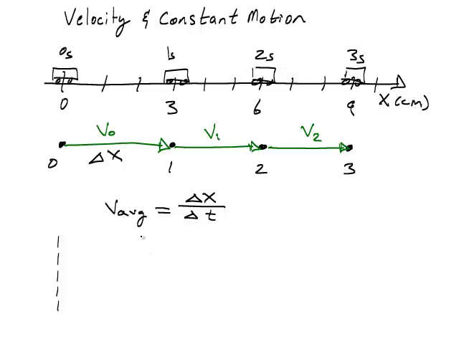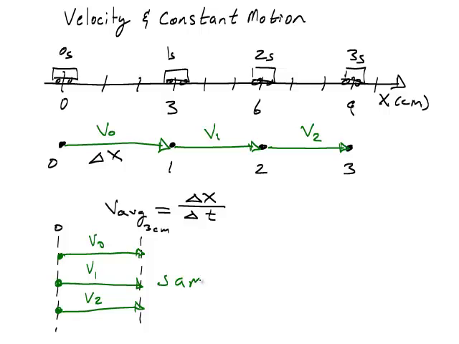So if I were to line them all up and say this is the 0 mark and this is the 3 centimeter mark, I can begin drawing all of these, and we notice that they're all the same length. So that means their speeds are all the same.